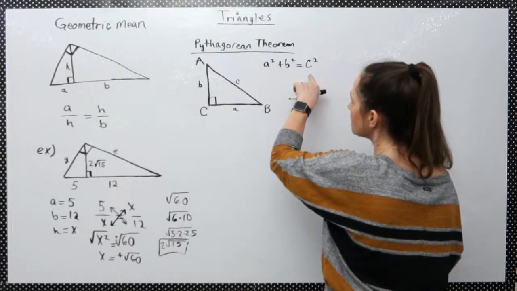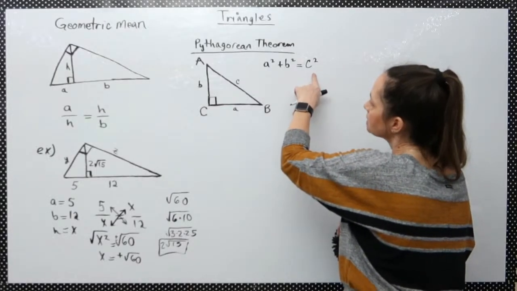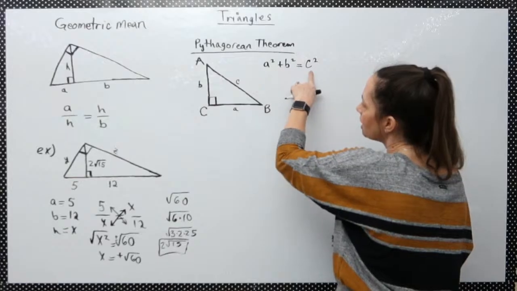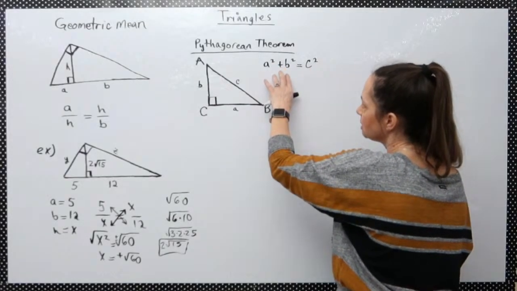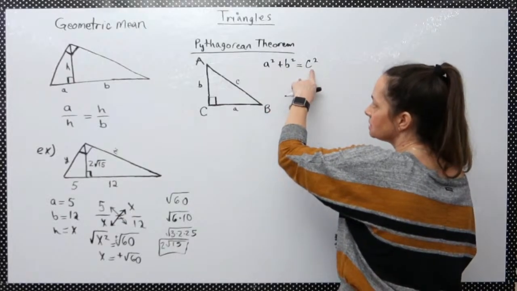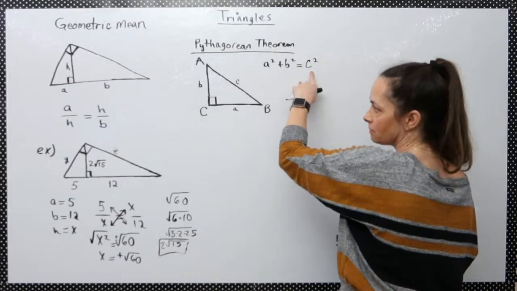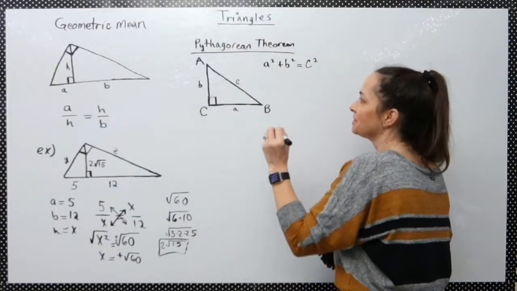But the c has got to be by itself on the other side of the equal sign. It's like a and b, see your way out, kind of thing, where it's very specific. a and b go together and they have a positive relationship, and then c is the outcast. It's got to be over here on the other side of the equal sign. So it's kind of a big deal.